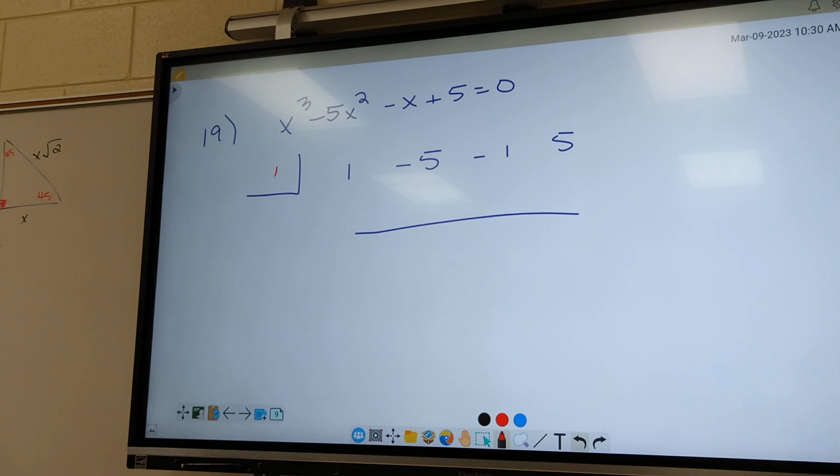Then -1. What if -1 doesn't work? 2 and then -2. Normally I give you a number the first time, but they're not going to give you a number on the test, so you just start with +1.